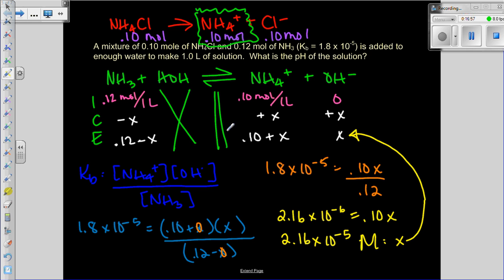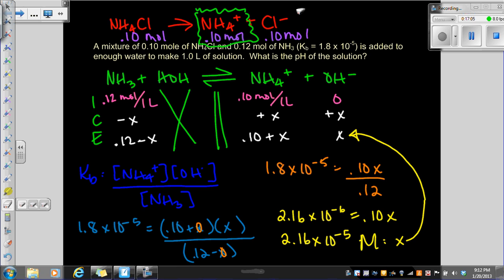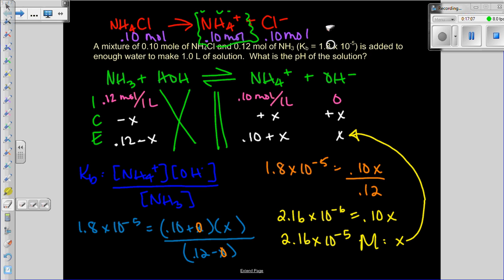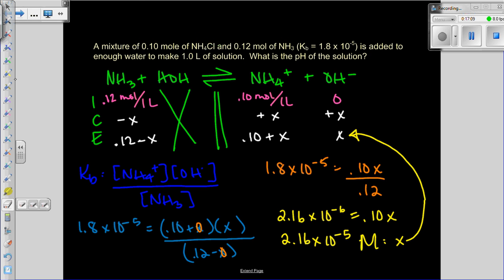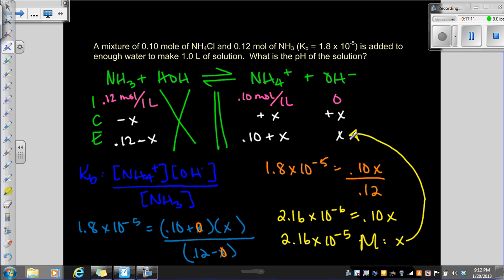Now I could calculate percent dissociation, I could calculate concentrations of reactants or products, but that's not what it wants. I'm going to get rid of this. So I've got hydroxide ion concentration.